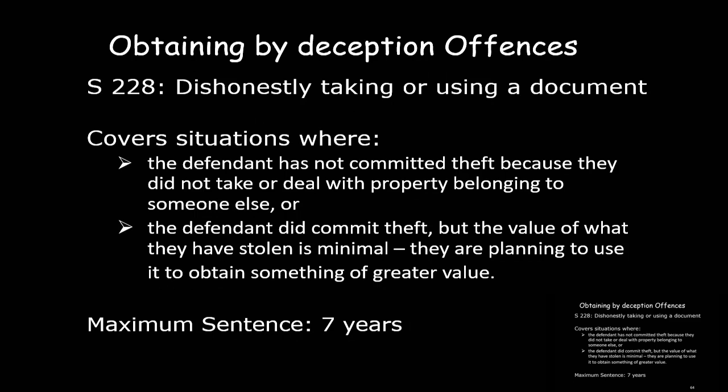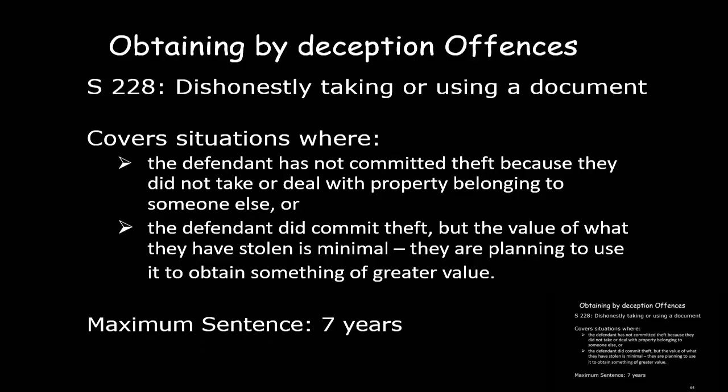So 228 really covers a situation where it's not theft, so you might have a situation which was not theft because the defendant didn't take or deal with the property belonging to someone else. They might have used their own property, or they've committed theft and what they've taken is of little value. Okay, so we might be talking about a piece of plastic. My credit card is just a piece of plastic.